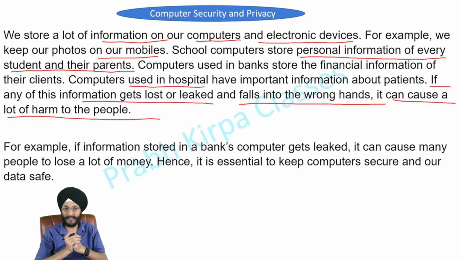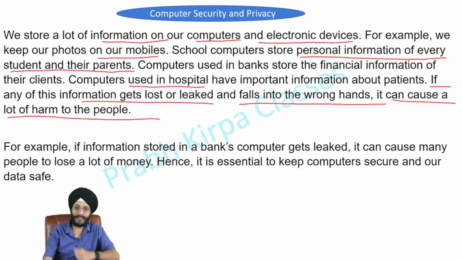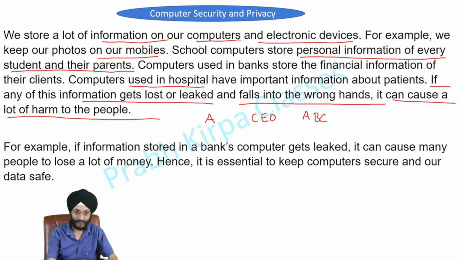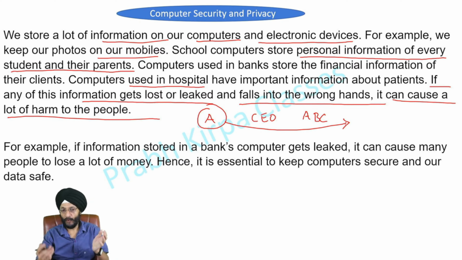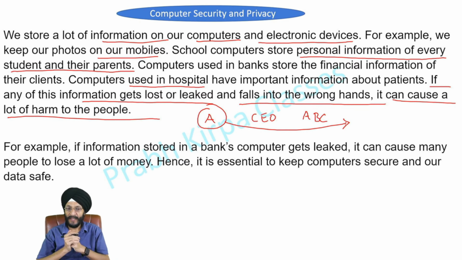We can take an example. Suppose there is a person named A. He is the CEO of a particular organization, say ABC. Now this person A is admitted in a hospital and is suffering from a very deadly disease, and he may not live long.